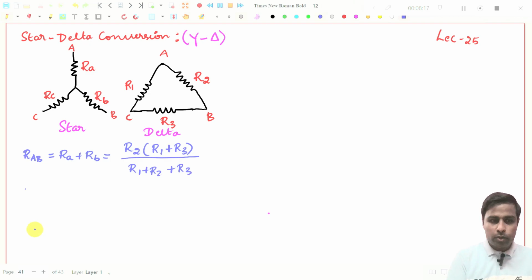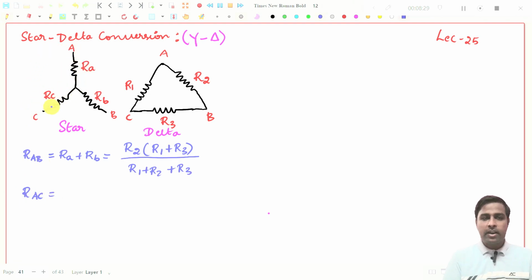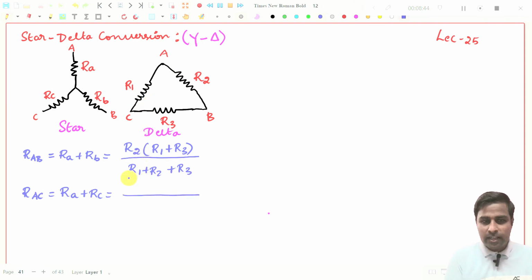Like that, write the next one, RAC. I'm just writing here, between RAC. What is this? RA plus RC. So this will be RA plus RC, right? That should be equal to, between RAC, these two resistors are connected in series, and this is connected in parallel with this R1 resistor.